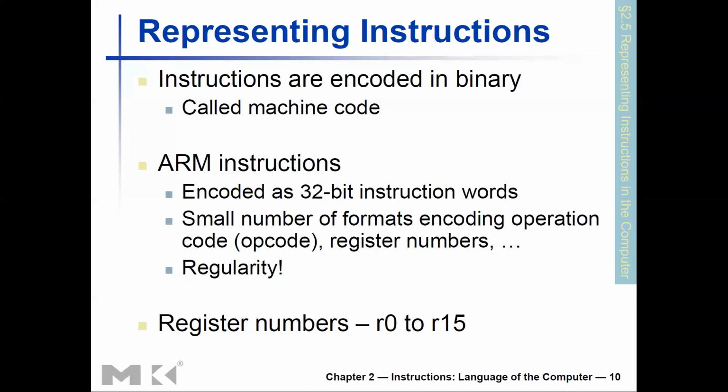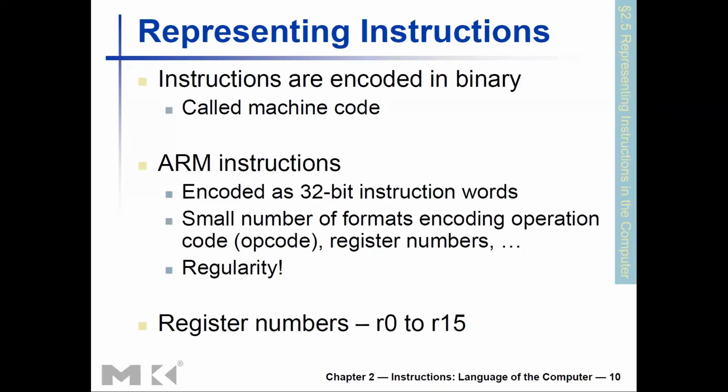There are a small number of instruction formats, encoding formats, which encode the operation code, register numbers and all that. Soon you will see how an instruction, such as a memory operation instruction, is encoded in binary.